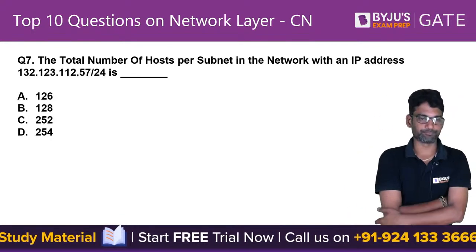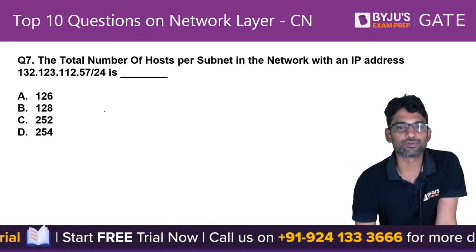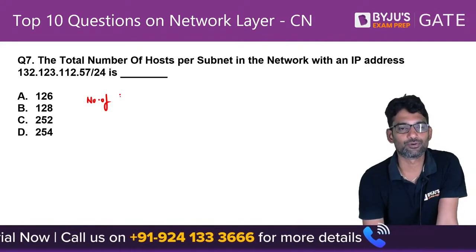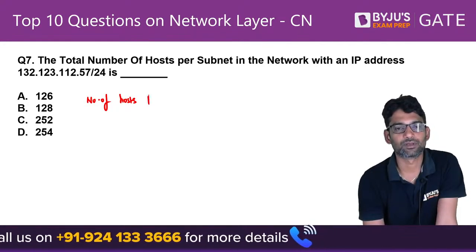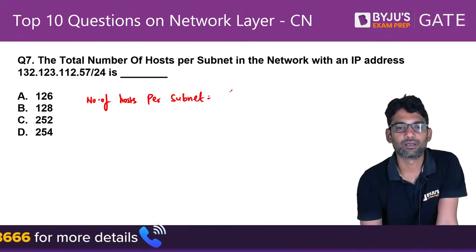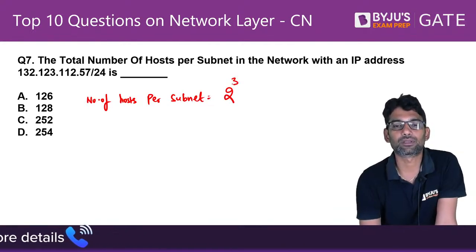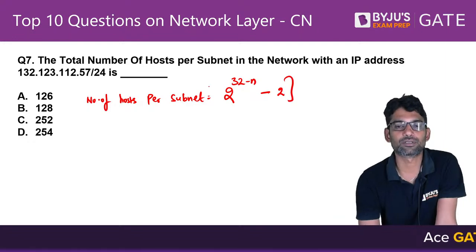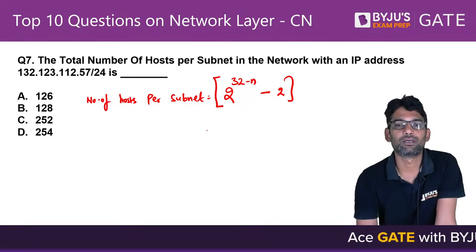Option A. Of course, see, number of hosts per subnet would be 2 raised to 32 minus n whole minus 2, because the first and last would be removed.